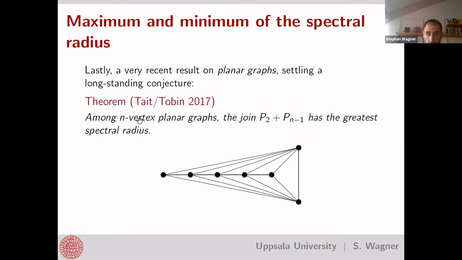This is a result from 4 years ago, Tate and Tobin. The proof is elementary, but clever. So they are basically proving it in several steps. First, they show that there are two vertices that must have many, many neighbors. That's basically these two.